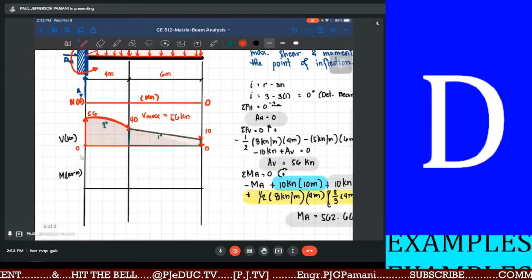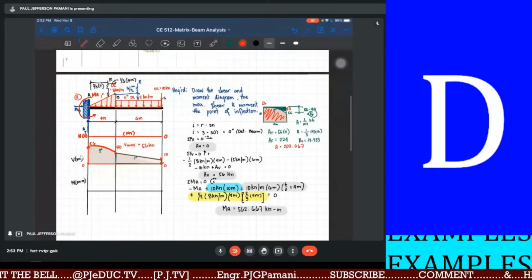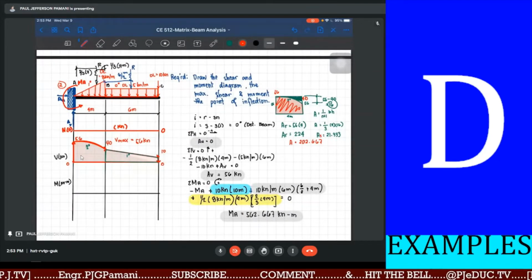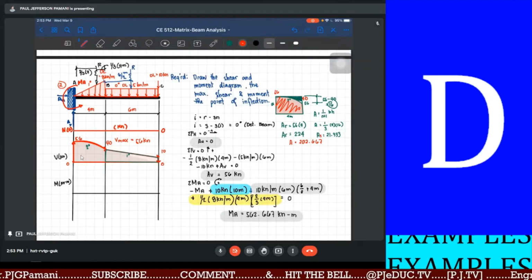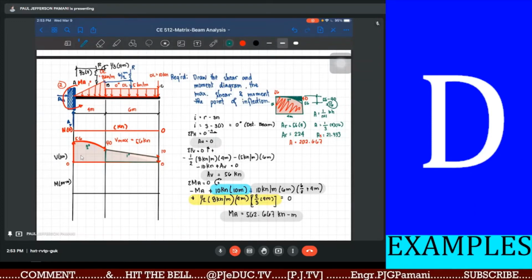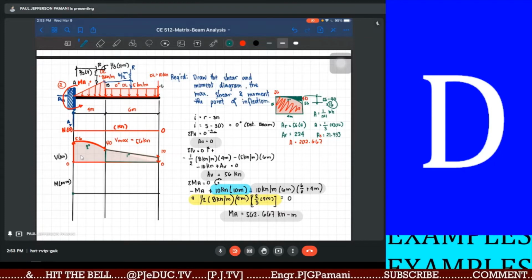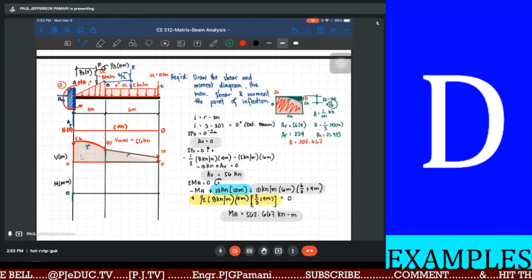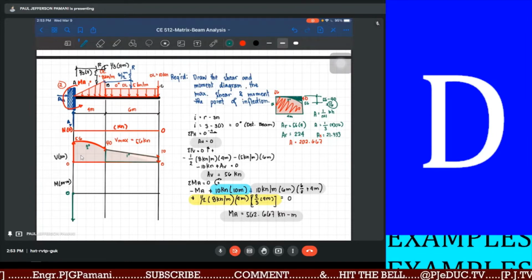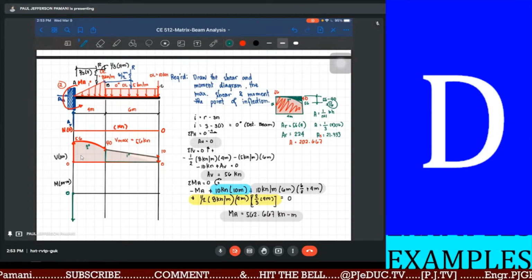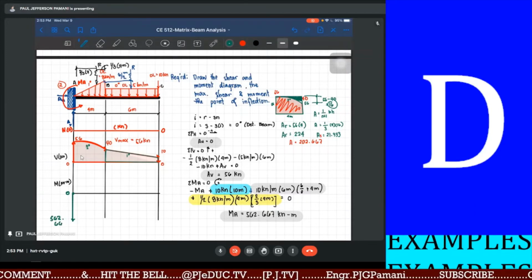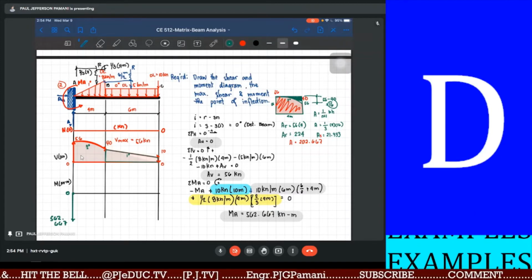But remember that at point A, we still have the moment A, which is counterclockwise. If it is counterclockwise, anong gagawin? That is negative. Starting at 0, counterclockwise. That is moment A, 562.667 kilonewton meter.